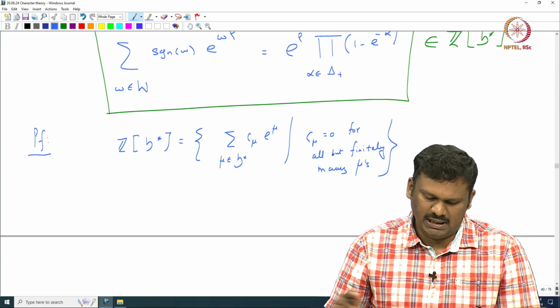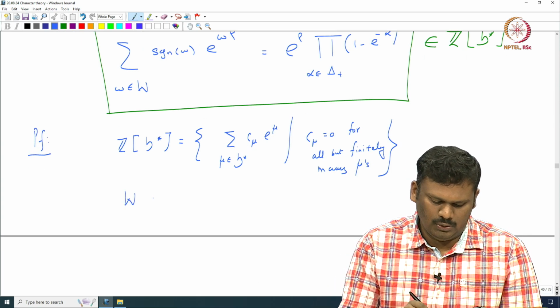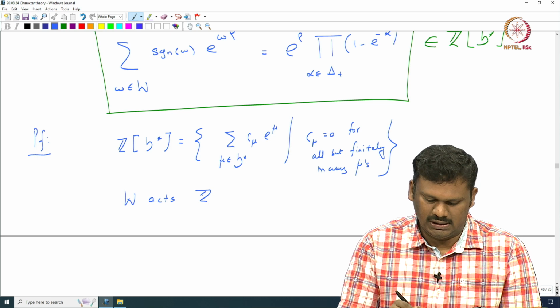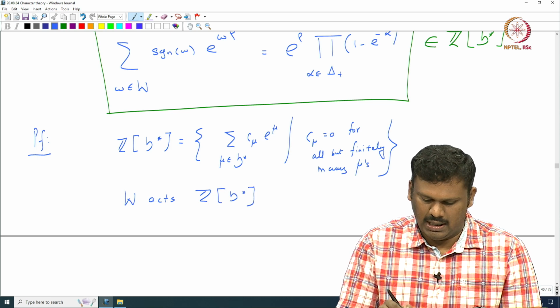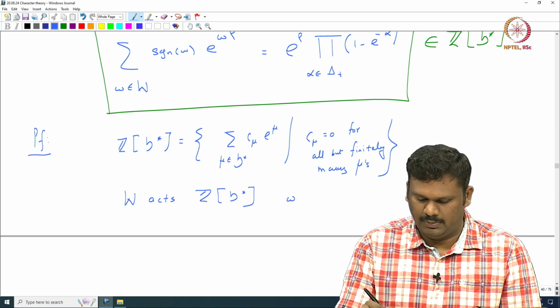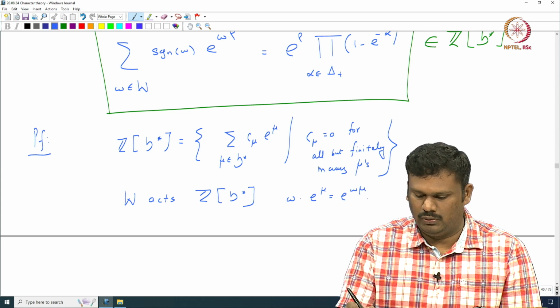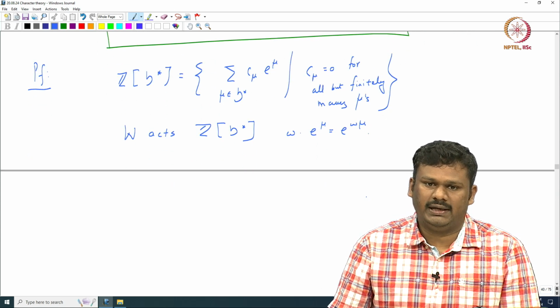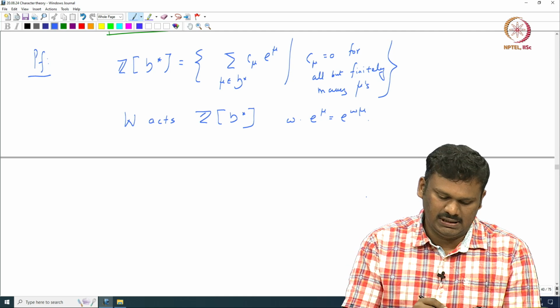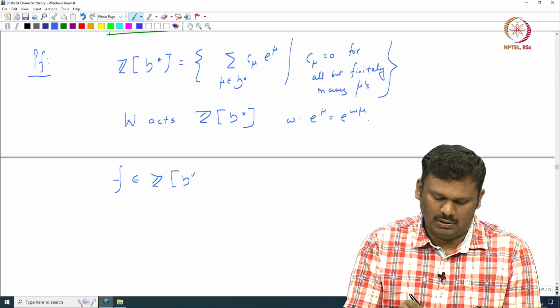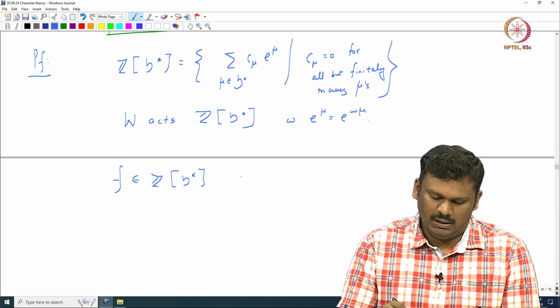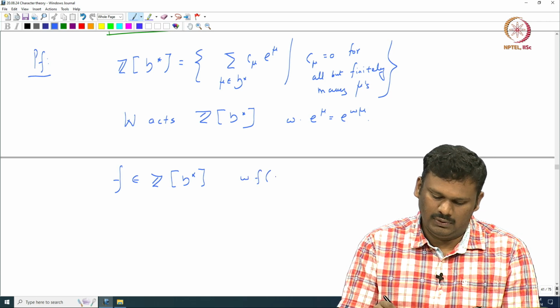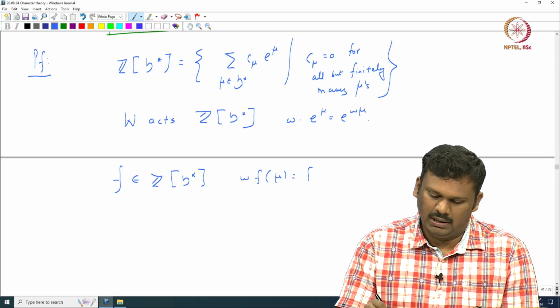Now it is easy to see that W acts on Z H star as follows. You apply W on e power mu to get e power W mu. If you want to write it in terms of functions, and think of f as a function in Z H star, then W f of mu is given by f of W inverse mu.